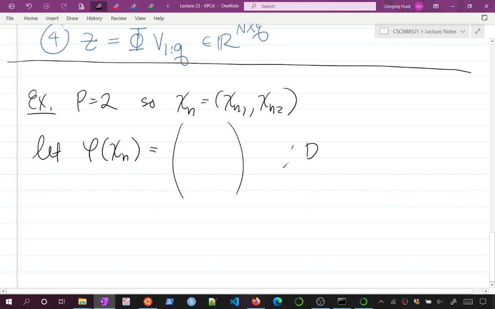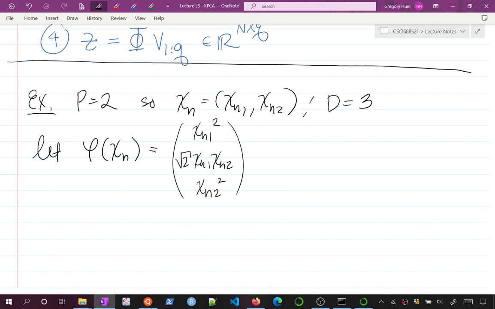So we're going to say d is 3. So phi is some function of the elements of xn. Let's say the first one is xn1 squared, so the first element of xn squared. Second one is xn1 times xn2, so it's like an interaction term. And the third one is xn2 squared, so it's like a quadratic term. And actually, I'm going to multiply by root 2 out front for this. It doesn't really change the transformation, but there's a cute little math simplification if we do this.